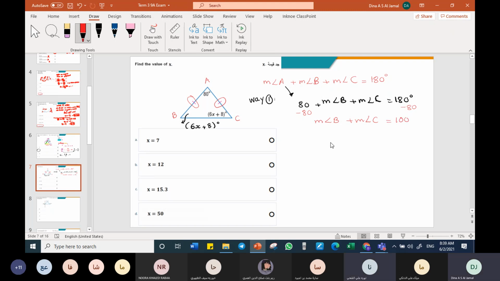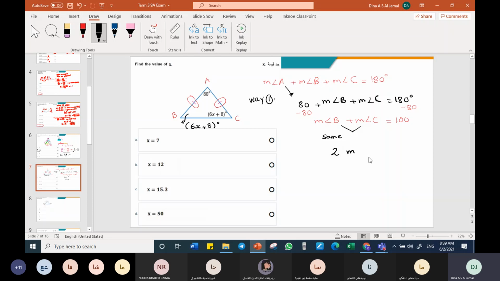That means, divide by 2. How did you understand that I need to divide by 2? Why did you divide by 2? They are the same. Excellent. They are the same. So, instead of writing the measurement of angle C, you can use 2 of one of them.